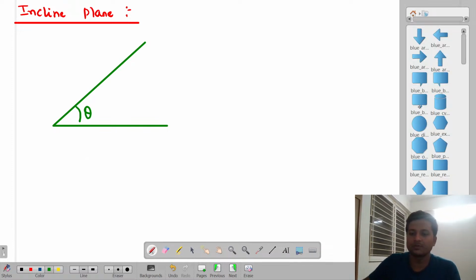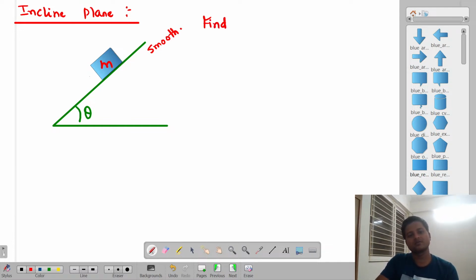And then I place a block of mass m on it. And then the question is, if the surfaces are smooth, then find the normal reaction and equation of motion.